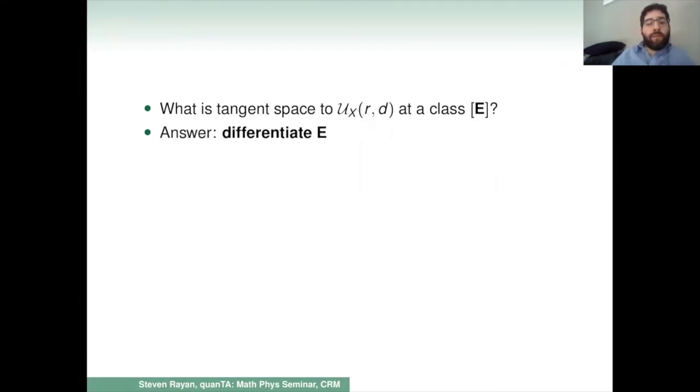Well, literally speaking, the answer is to differentiate the bundle in an appropriate sense. I want to understand first order deformations of the bundle. And so that's really saying that the tangent space at E to the moduli space of bundles is a cohomology group, if you like.